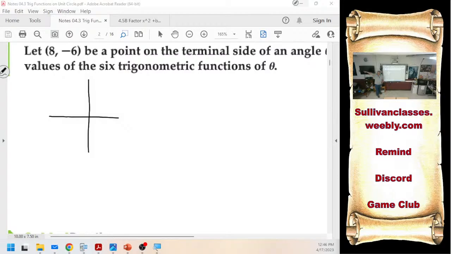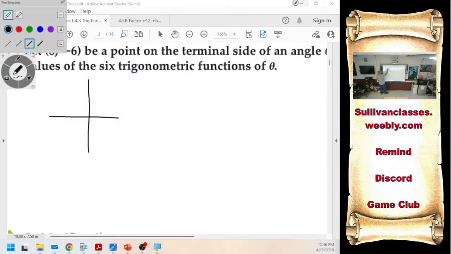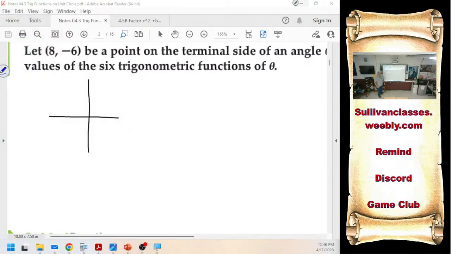Cosecant, secant, cotangent, instead of SOHCAHTOA. What quadrant is the coordinate 8, -6 in?